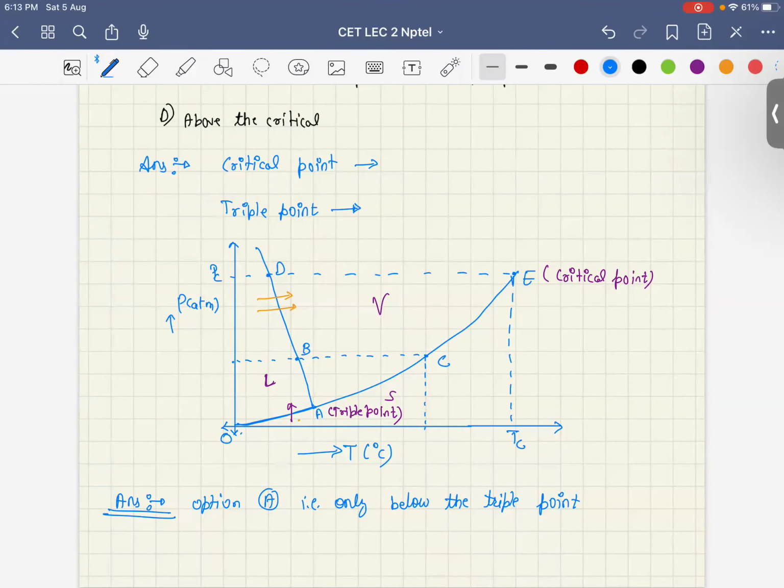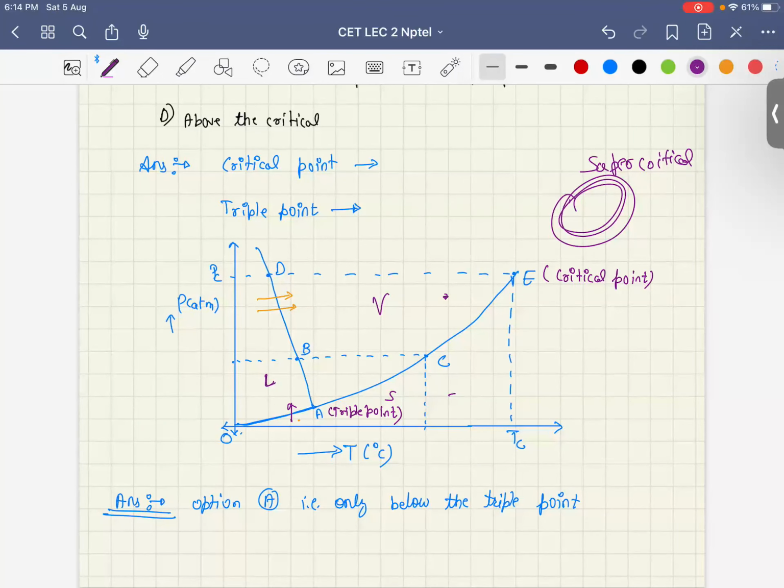No, this part is going to be supercritical. So this has to be vapor. When you reduce the pressure, we go to the vapor phase. So yes, you are increasing pressure and showing the vapor.